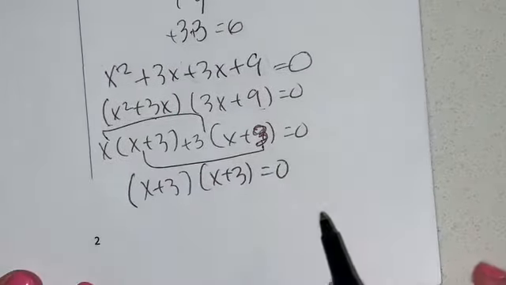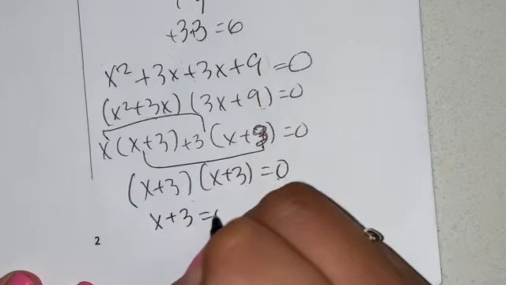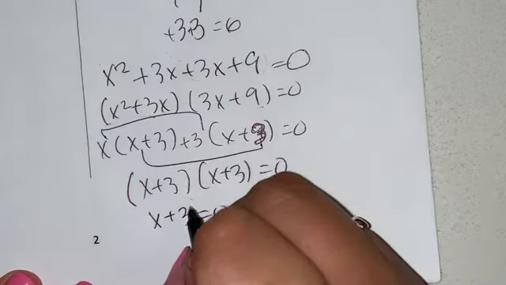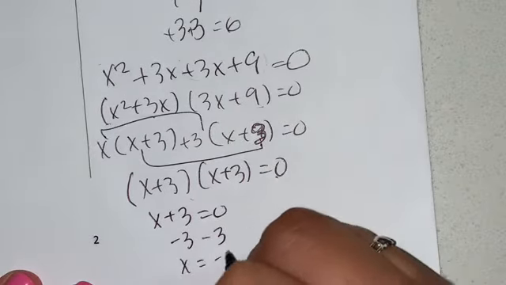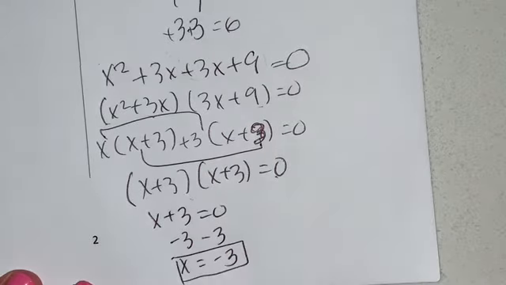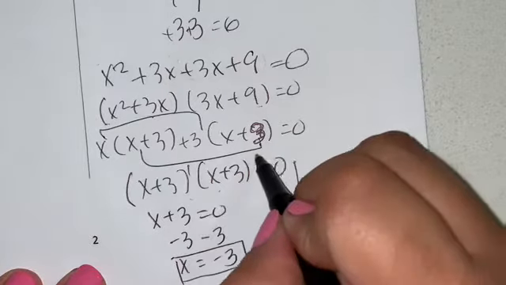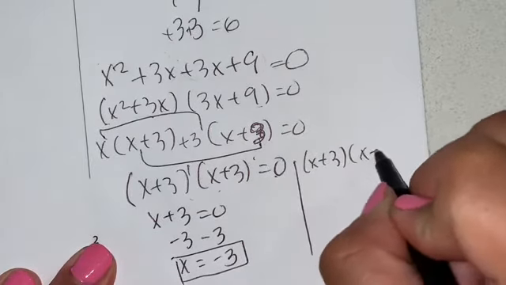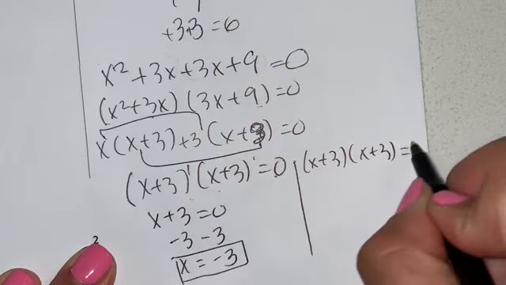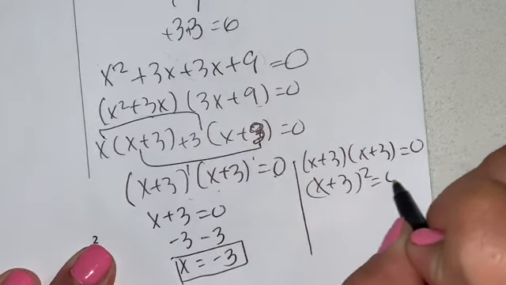Okay, so we only need one of them because they both equal 0. So it's x plus 3 equals 0. So minus 3, x equals -3. Another way you could have done this is because you have both of them. I have the exponent of 1. So say I had x plus 3 and x plus 3 equals 0. So then it becomes x plus 3 squared equals 0.